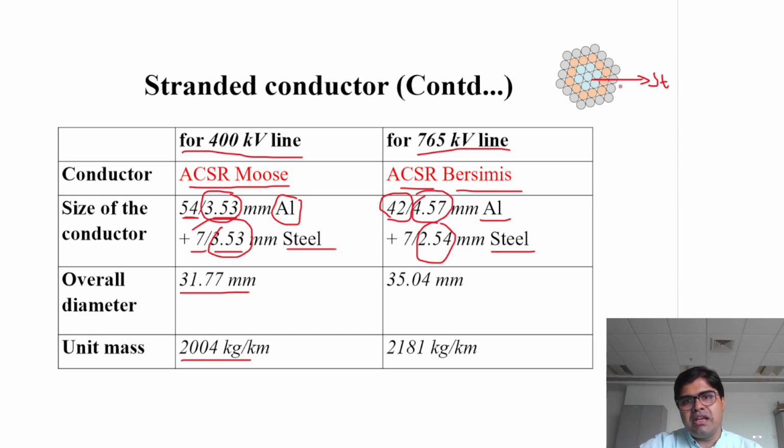So the steel conductors and aluminium conductors do not have the same dimensions. The overall diameter of the conductor is 35.04 millimeters, and the specific weight is 2181 kg per 1 kilometer length. So aluminium conductor and steel conductor may or may not have the same dimension. It depends on the rating of the transmission line you are installing them for.